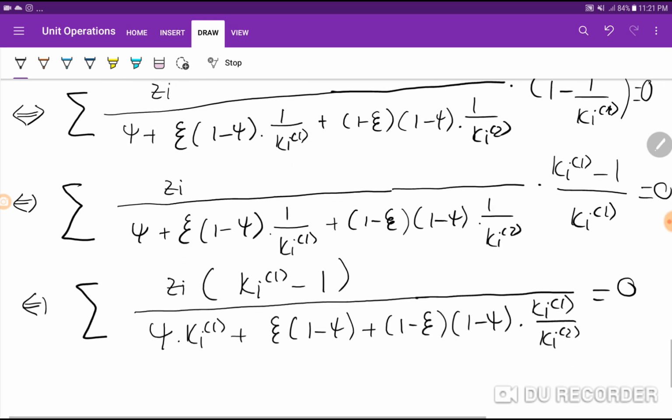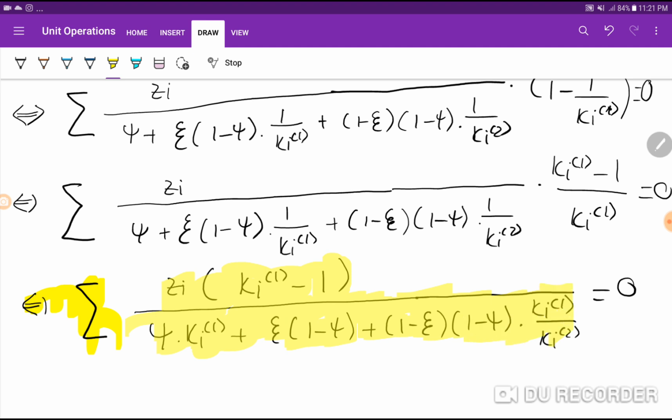Okay, so this is the first expression you're gonna use to solve for psi and epsilon, because I think the rest will be provided to you.